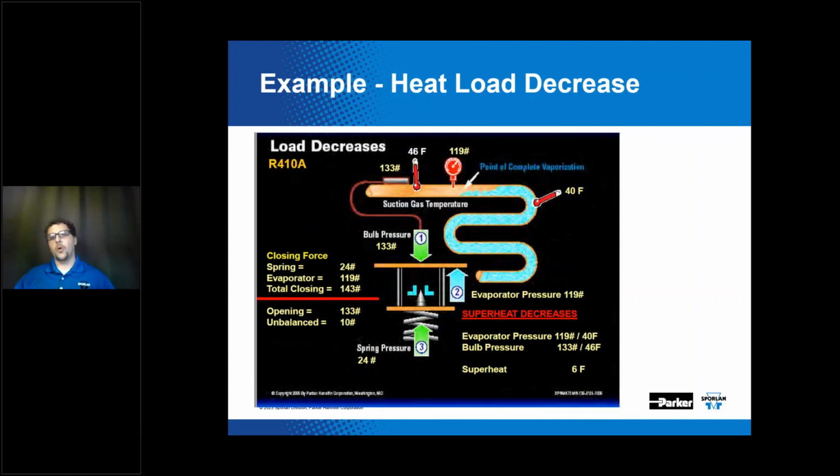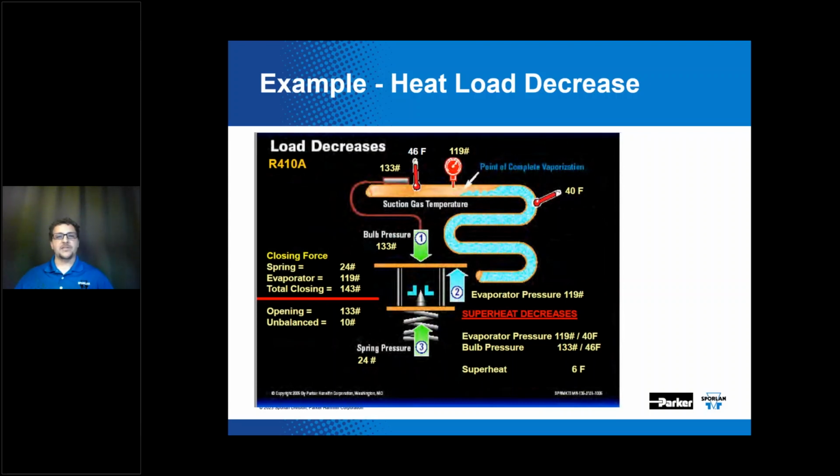So the final point is that this is somewhat of an extreme example, if you will, because I want to make sure it's clear that the valve is going to be constantly modulating. It's not waiting until the superheat deviates by 4 or 5 degrees away from the setting before it starts to modulate. It's constantly modulating to maintain that superheat at the desired setting.